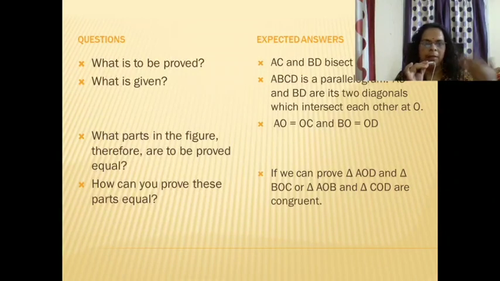Then again you ask a question, what parts in the figure therefore are to be proved? AO is equal to OC and BO is equal to OD. How can you prove these parts equal? So we came to know that we had to prove these two parts are equal. Now the next question is, how do you prove it? Which parts are required in order to prove these two portions equal?